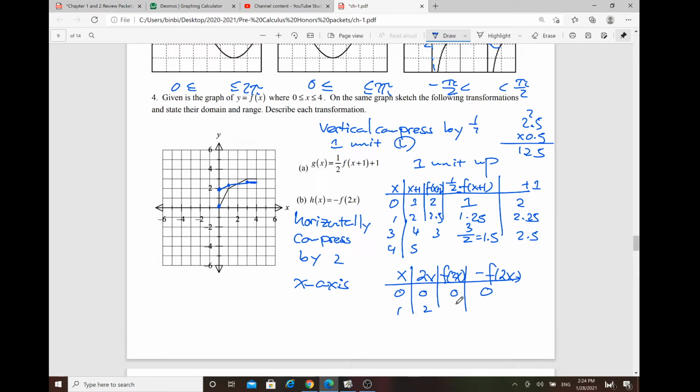And then f of 2, so f of 2 originally, that would be what, 2.5. So negative 2.5 reflected over the x-axis, so negative 2.5, somewhere down here. Oh, that's right at 1. 1 comma negative 2.5. So it's right here.